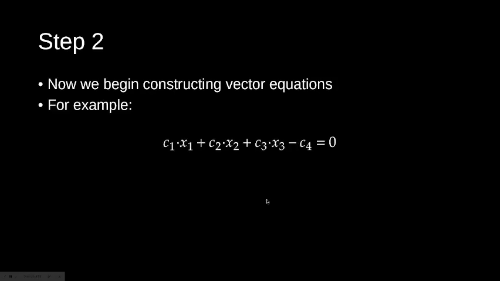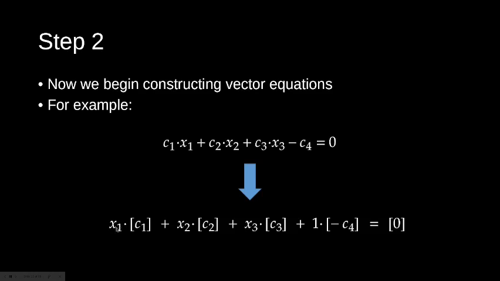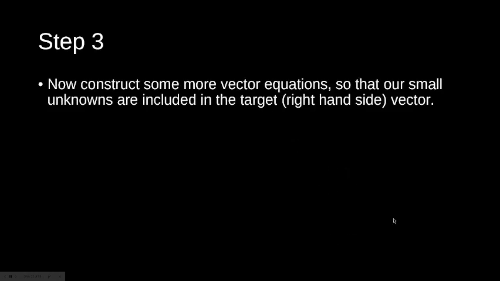Now we begin constructing vector equations. For example, we can do x1 times c1 plus x2 times c2 plus x3 times c3 plus 1 times minus c4 equals 0. Now construct some more vector equations so that our small unknowns are included in the target vector.